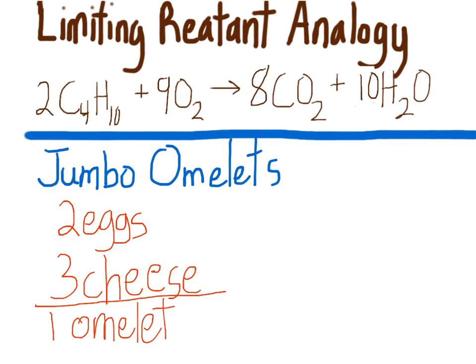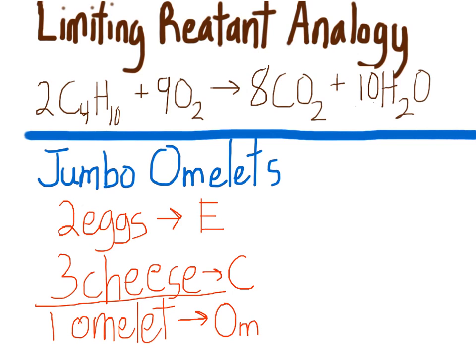This is how the recipe would look in the book. But another way you could write it is to say eggs is capital E, cheese capital C, and omelets we'll make capital O, lowercase m.